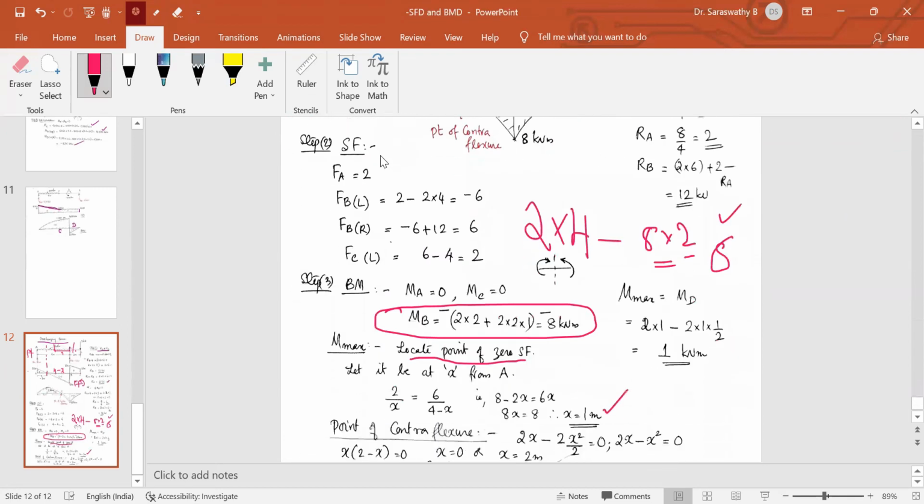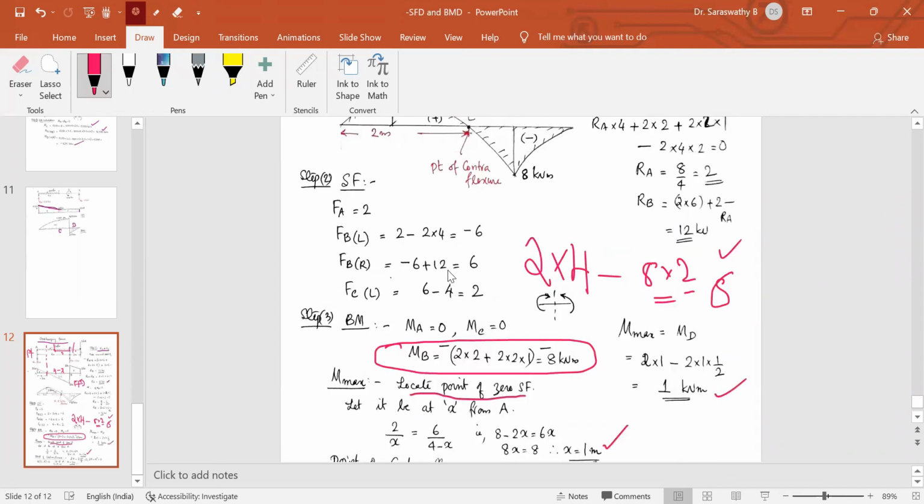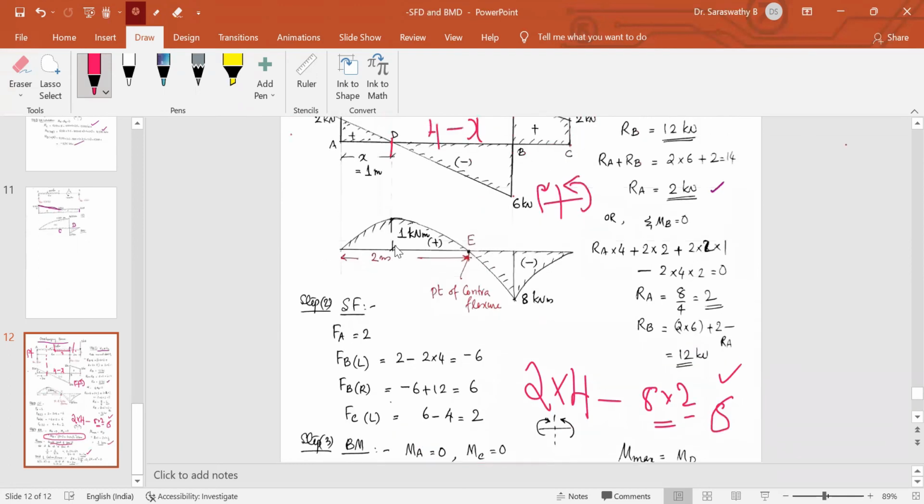So maximum bending moment is 2 into 1 minus 2 into 1 into 0.5, we get 1 kilonewton meter. It is positive. So at the point D, you mark 1 unit upward. At the point B, 8 units downwards.